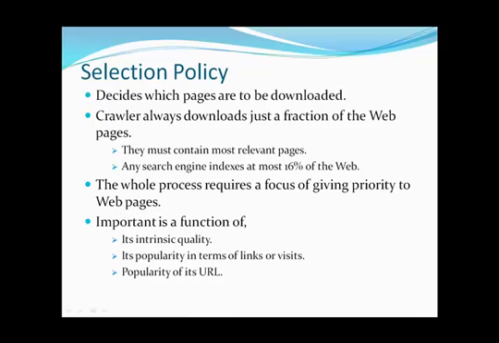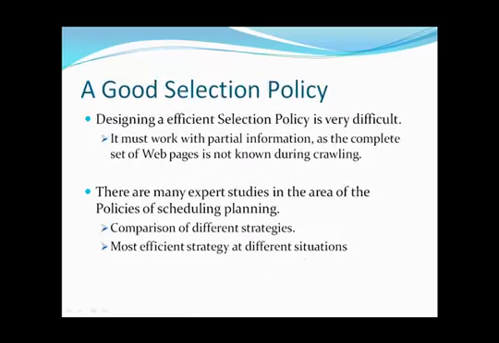The importance of a page is a function of its intrinsic quality, its popularity in terms of links or visits, and even its URL. Designing a good selection policy has an added difficulty. It must work with partial information, as the complete set of web pages is not known during the crawl.